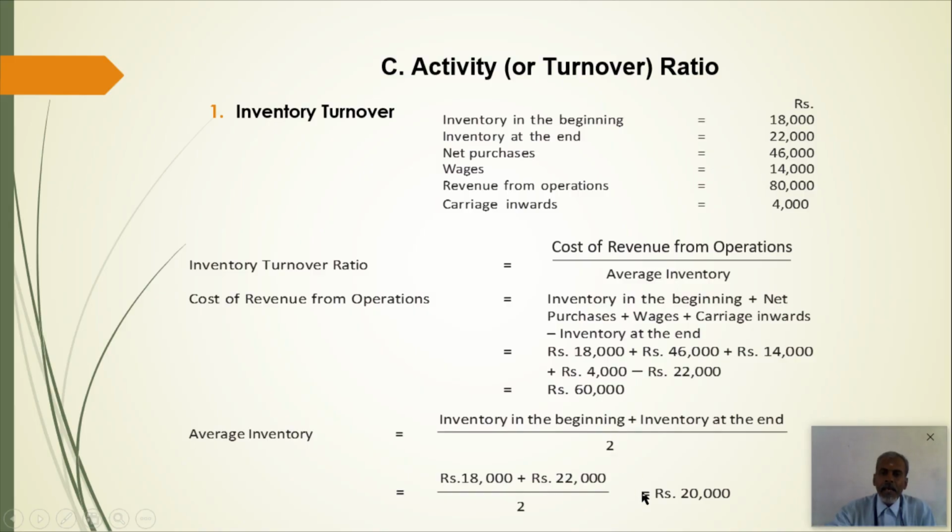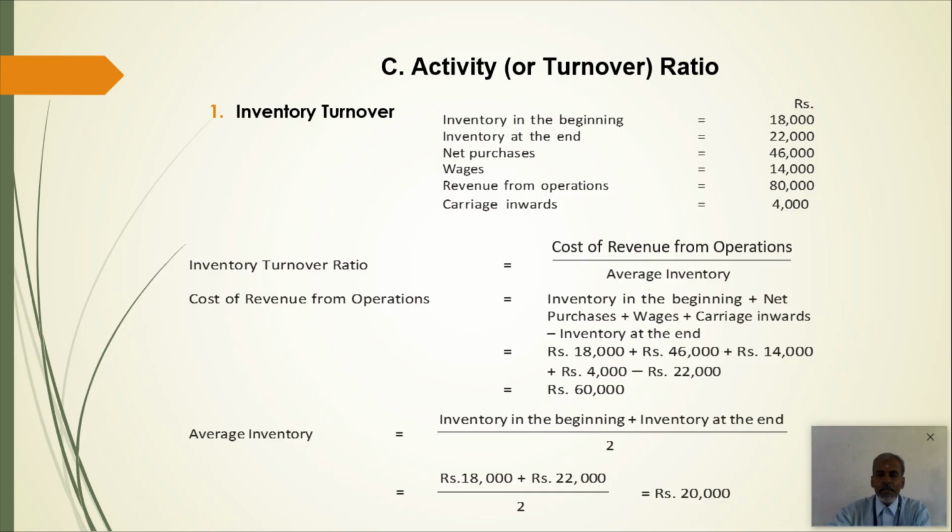After getting average inventory, you put it as a ratio to find out the inventory turnover ratio. For example, if the cost of goods sold to average inventory is 3:1, then it means that the inventory turnover is 3 times the average inventory, right?